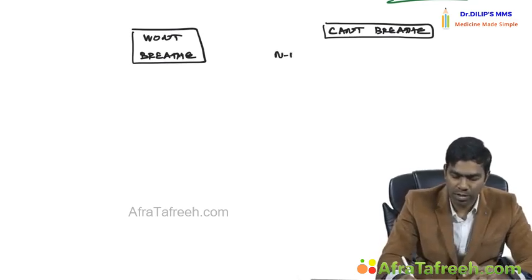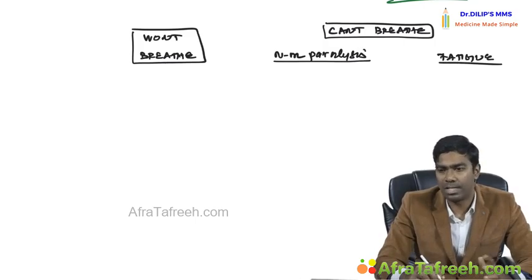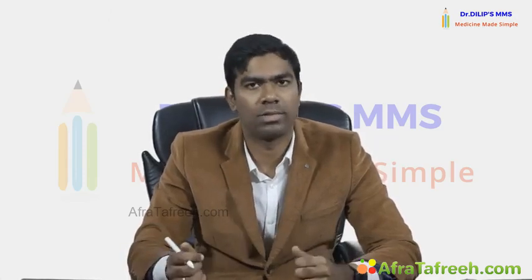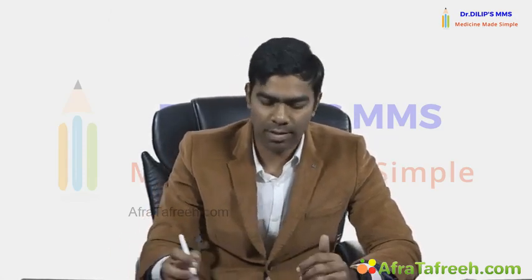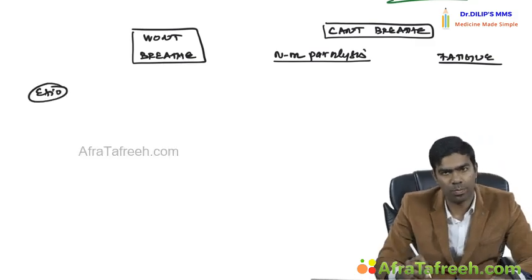Typically they have neuromuscular paralysis on one side, and those patients who go for respiratory fatigue. Sometimes because of too much work of breathing, your muscles may get fatigued, and because of that you can't breathe. Simple. So respiratory fatigue.